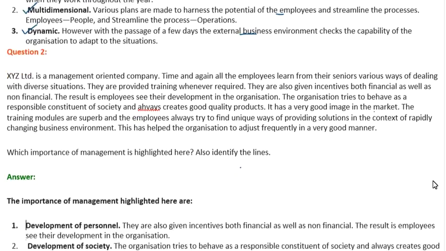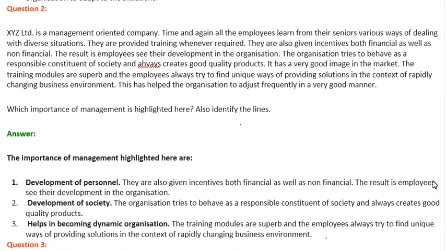Question number 2. Let's see question number 2. XYZ Limited is a management oriented company. Time and again, all the employees learn from the seniors various ways of dealing with diverse situations. They are provided training whenever required. They are also given incentives, both financial as well as non-financial. The result is employees see their development in the organization.